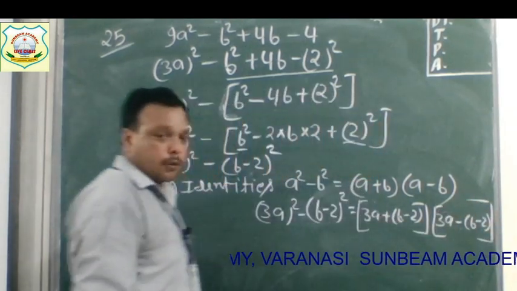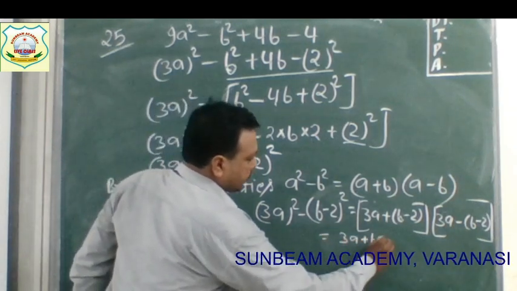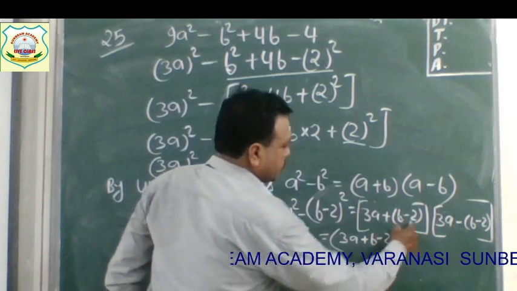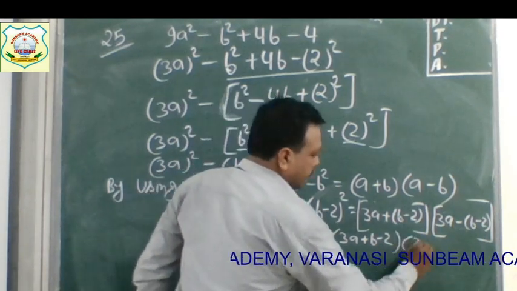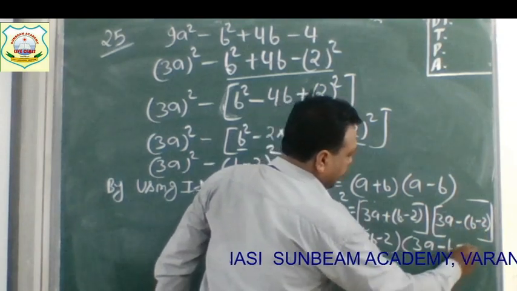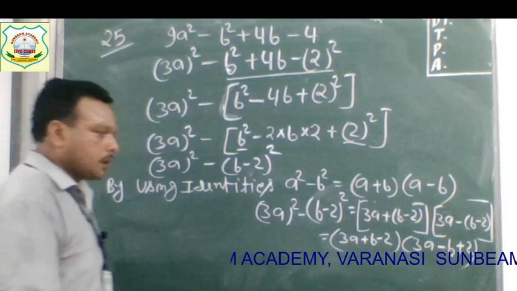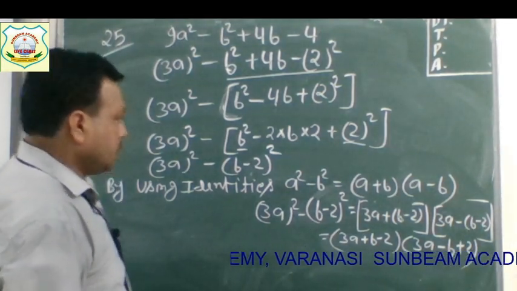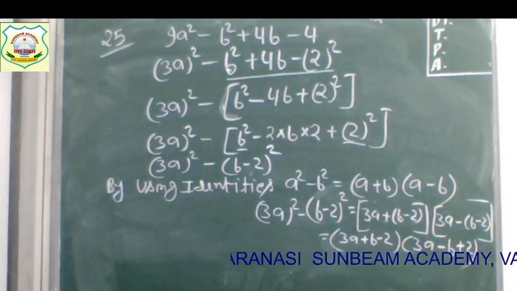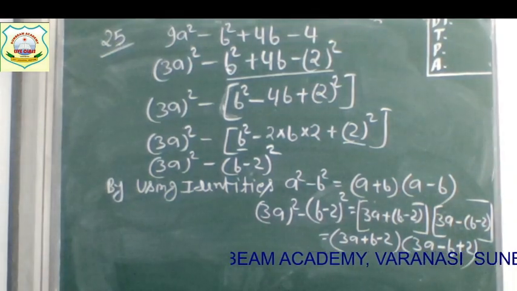Now open the bracket, students. 3a plus b minus 2: the sign is plus, so the sign will not change. Here 3a minus, the sign is minus, so the sign will change: b plus 2. 3a plus b minus 2 and 3a minus b plus 2. This value will come, students. So students, note it down, question number 25. Now next, question 26.